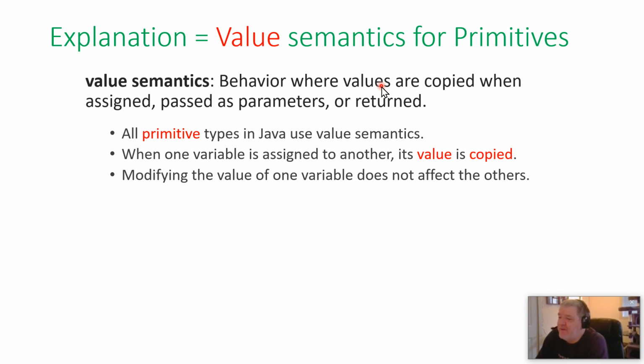A value semantic applies to primitive Java data types, and it tells us that when you assign a variable to another, you take the value that is in the variable you are trying to assign, you copy that value, and you put it inside the variable to which you were trying to make an assignment.